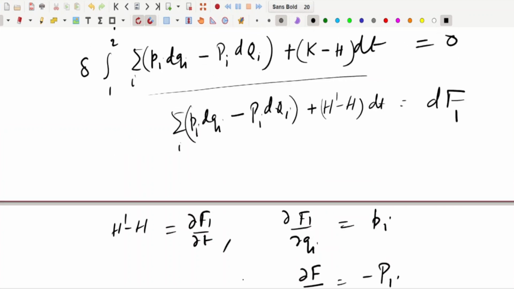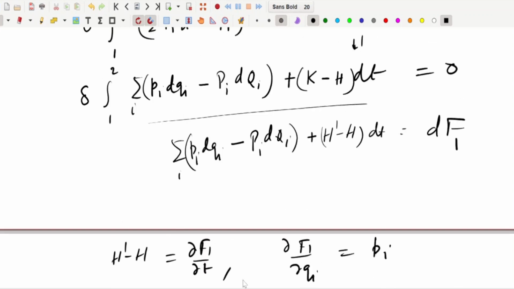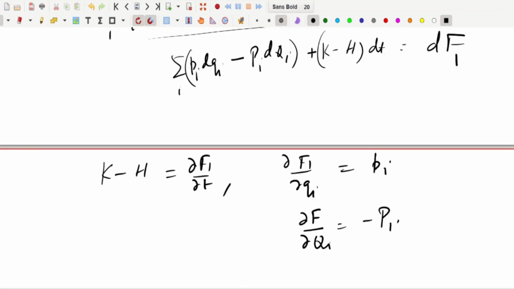This is the same condition. I'm sorry, H prime we have not written; in place of H prime we are writing K, okay. So this will be K minus H. Make this correction, this will be K minus H. K is our new Hamiltonian.